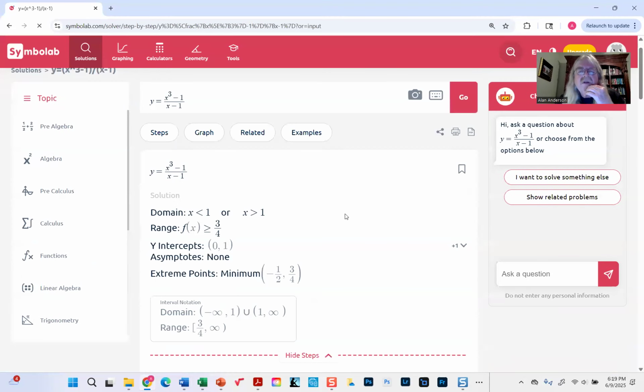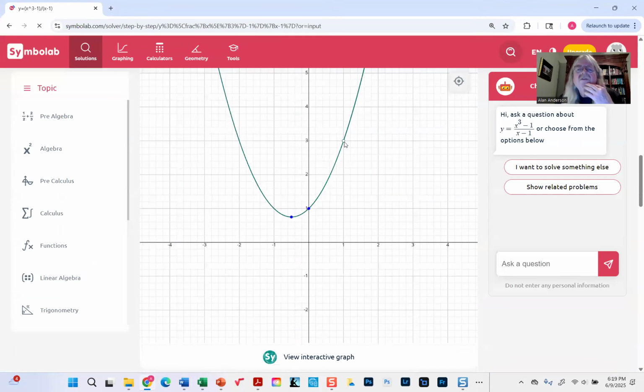There you go. This is where I wanted to see. See that there's the little hole where x equals 1. Okay, so let's copy this.